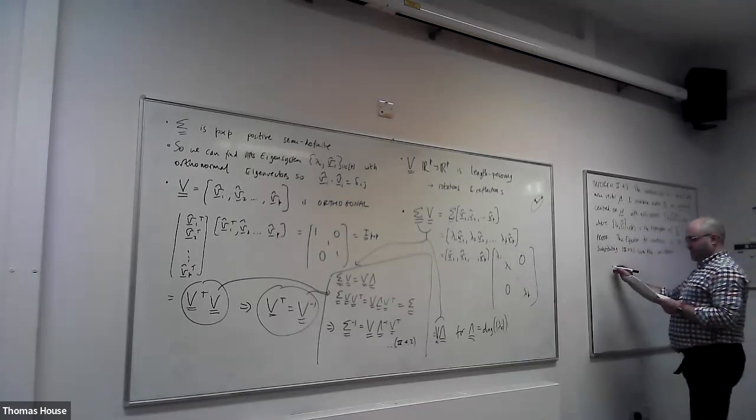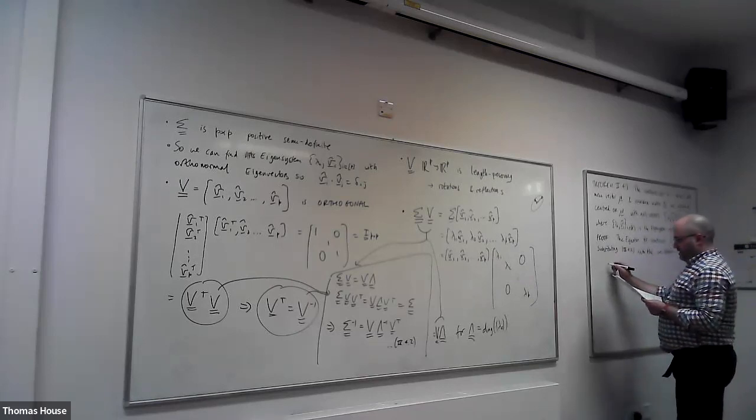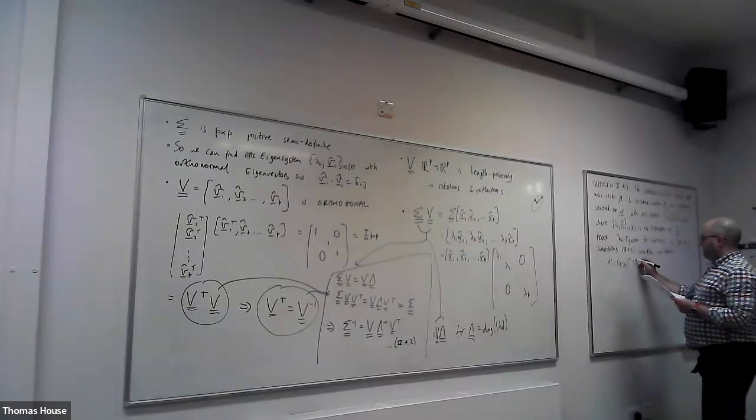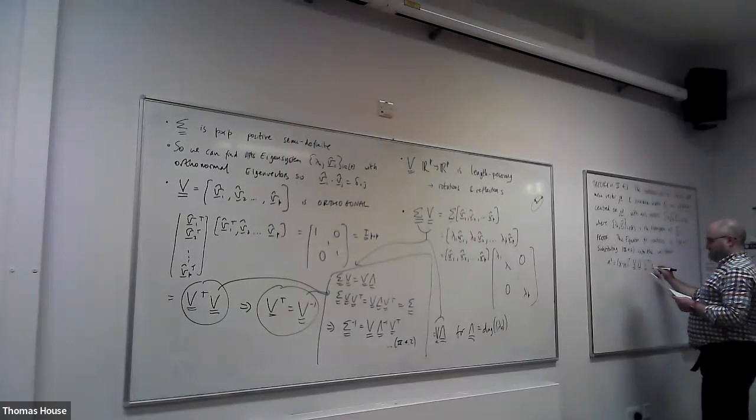And we're going to obtain this equation, which is that A squared is (x minus mu) transpose B lambda inverse B transpose (x minus mu).